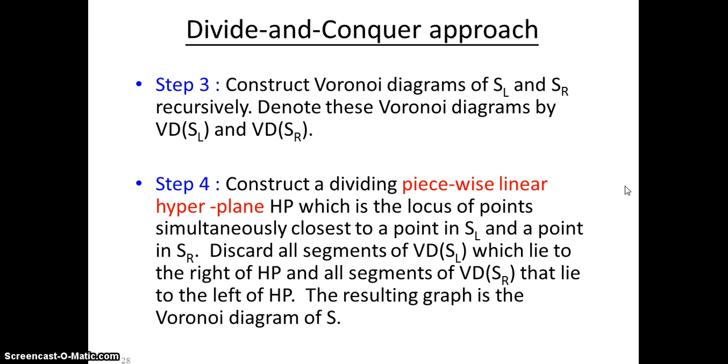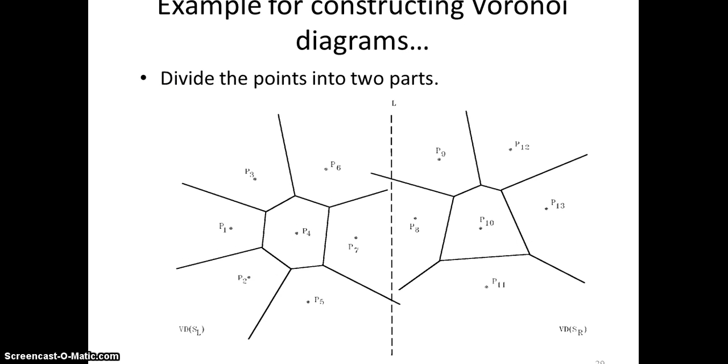In step 3, we do this process recursively, resulting in a Voronoi diagram of left and a Voronoi diagram of right. In step 4, we construct the dividing piecewise linear hyperplanes, and simultaneously obtain the final resulting Voronoi diagram. Let us see an intermediate situation.